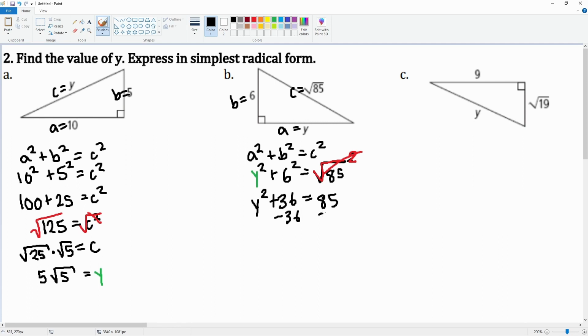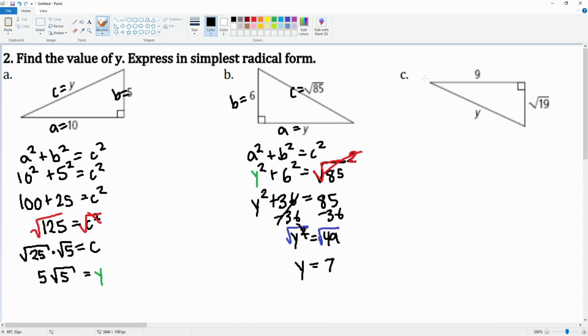Subtract 36 from both sides, leaving y squared equal to 85 minus 36, which becomes 49. Now you can square root both sides because you're trying to get y alone. The square and the square root cancel, leaving just y on the left hand side. The square root of 49 is just 7.